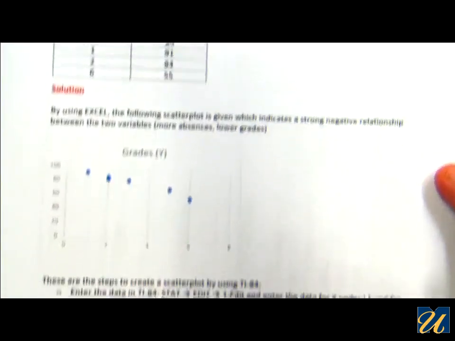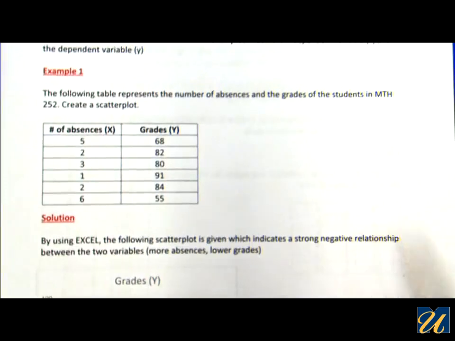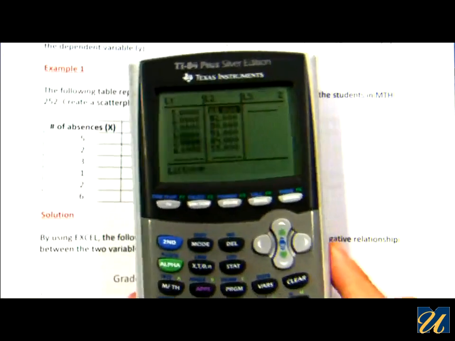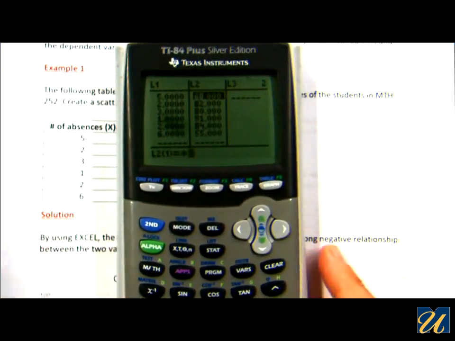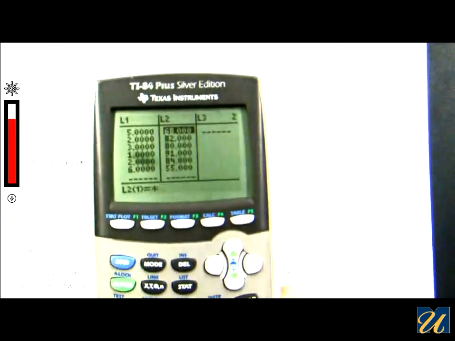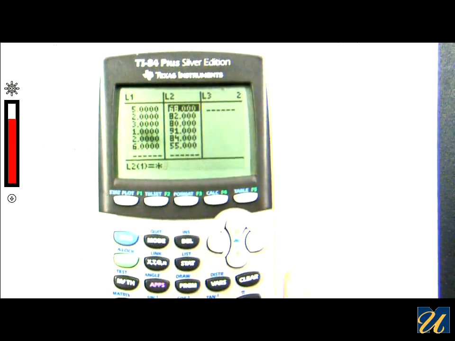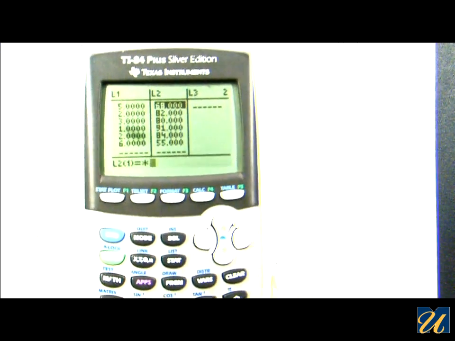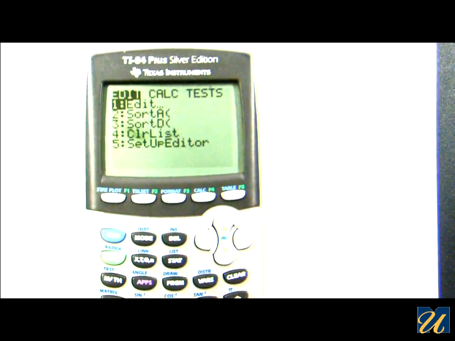Now, if we were to use our graphing calculator, I have all the steps here. What we would do, using our graphing calculator, you would go to Stat, Edit.